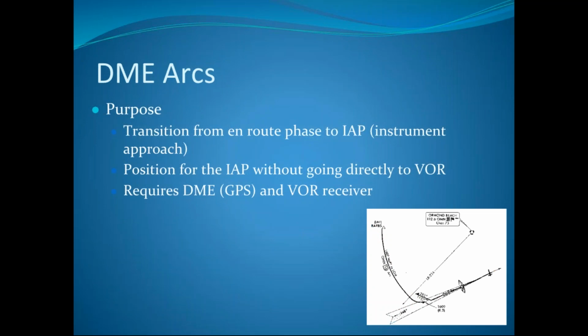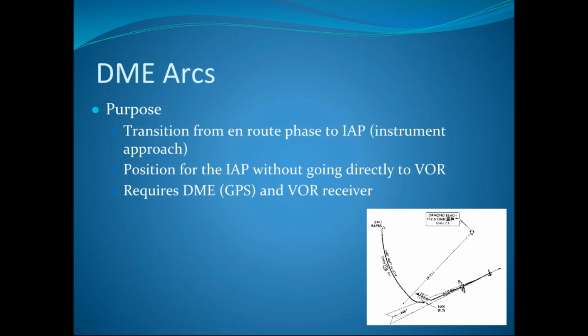These DME arcs are disappearing quicker and quicker. An airport that I know has a DME arc for their approach would be Grand Junction, Colorado.